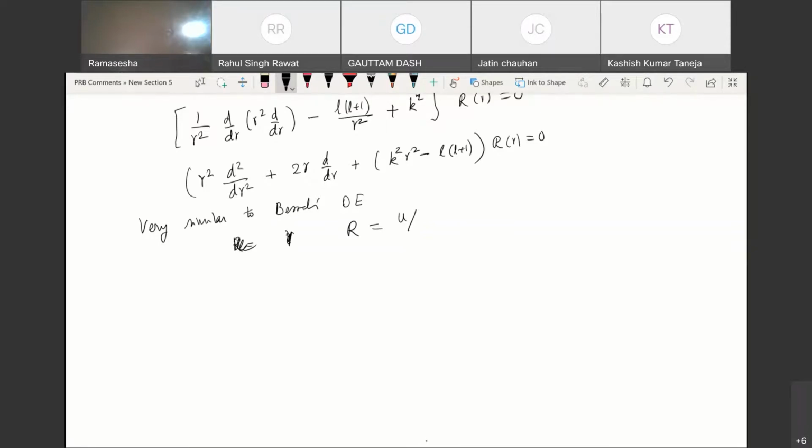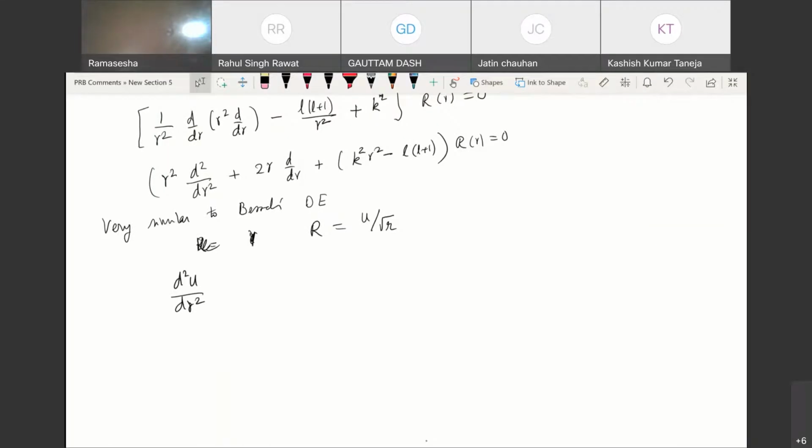So I get the following: d squared u by dr squared plus 1 by r du by dr plus k squared minus l plus half squared by r squared times u is equal to 0.